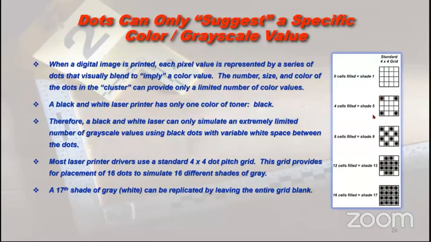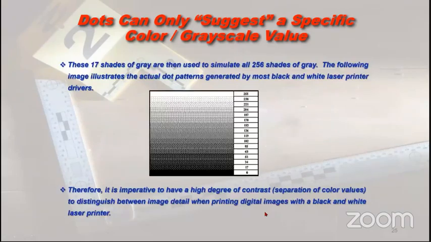And so we've got 1, 2, 3, 4, so 4 plus 1 is 5. Or if we have 8 cells, we've got our different shades. Again, this is going to limit the number of shades of gray. Bottom line is that we are restricted to only 17 shades of gray when using a standard black and white laser printer. Black and white laser printers should never, ever be used for anything trace evidence.